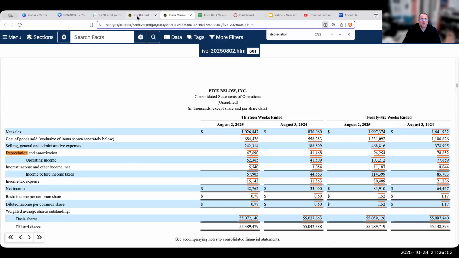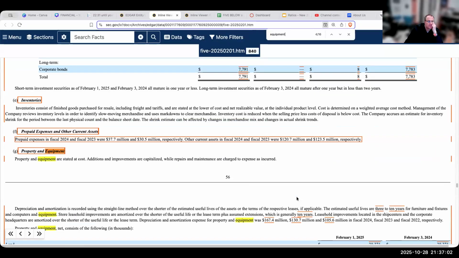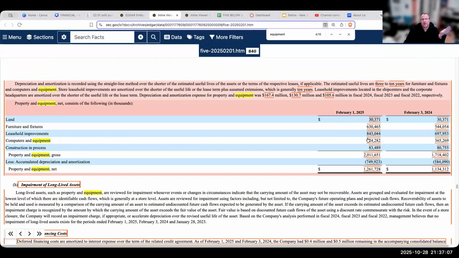I want to go to the 10K because the 10K may give us more information in terms of asset schedules. Okay, so here we go. The equipment of Five Below is really a matter of land. They've got 30 million of land, furniture of about 630 million, leasehold improvements of 843 million, computers and equipment, and construction in process. If it's a leasehold improvement, it means they don't own it; they're leasing their property.